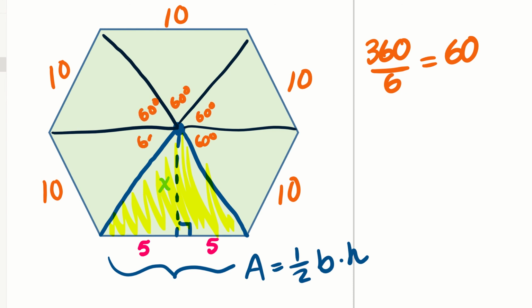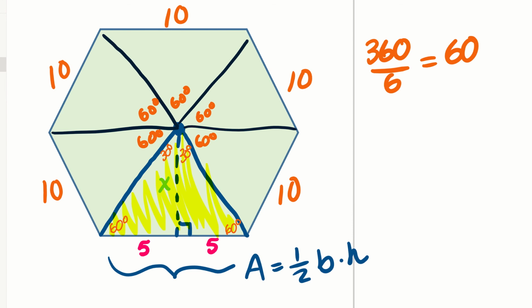Now, because my apothem is going to split that central angle exactly in half, each one of these little angles in here is going to be 30 degrees. Now, from this point, we might see that we have a 30, 60, 90 triangle because I've got a right triangle and one of my corners is 30. So by default, that must mean that my other angles down here are 60 degrees.